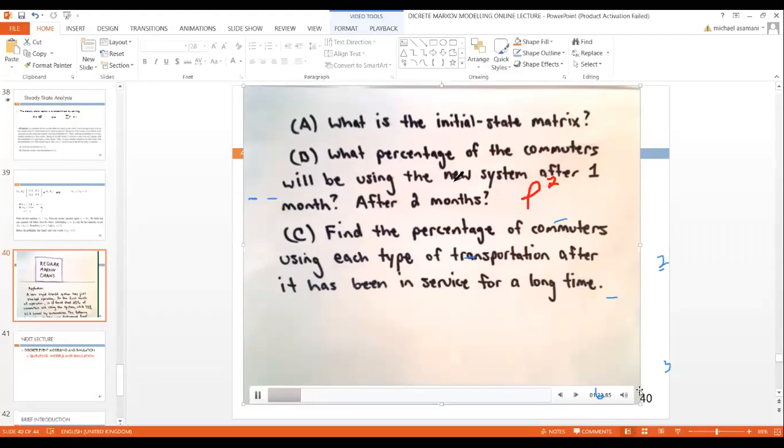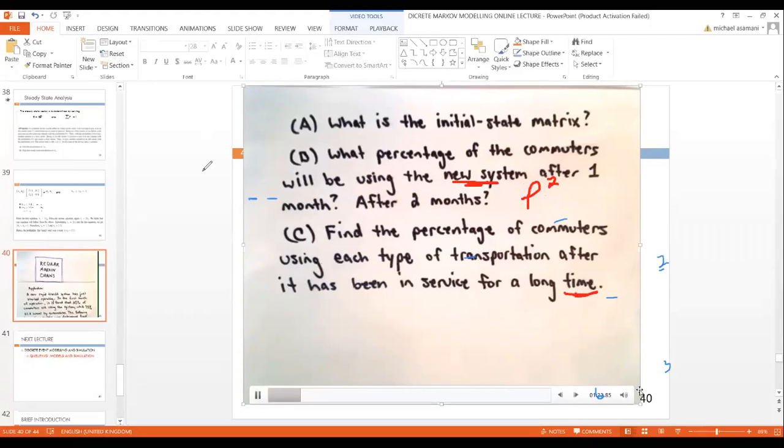So we look for the new system within P raised to the power 2. Then it says find the percentage of commuters using each type of transportation after it's been serviced for a long time. So this is the steady state transition probability. So let's pick the matrix.